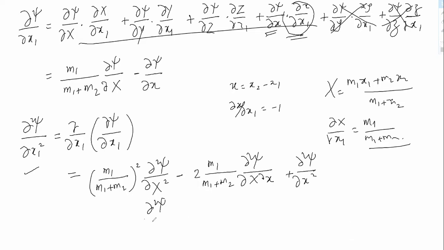Here it will be delta square psi by delta Y square, here delta square psi by delta Y delta y, and here delta square psi by delta y square. Similarly for z. So you realize that these are really very simple and trivial steps which one has to work out to obtain the quantities in the center of mass frame.